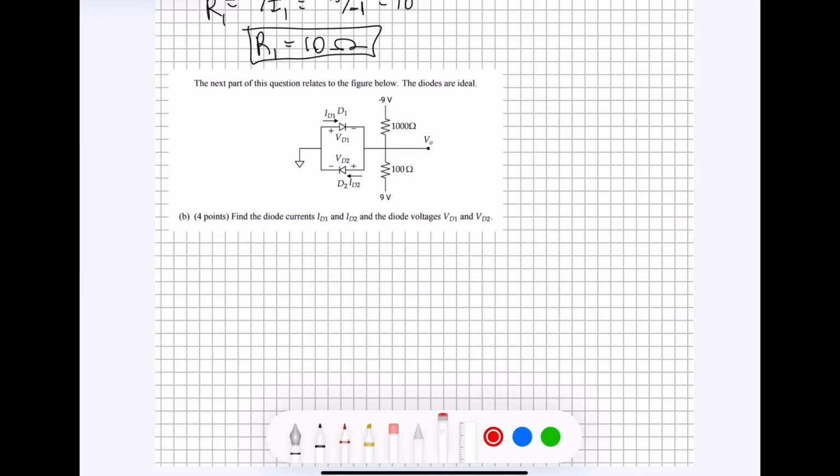In addition to that, as I said earlier, if either of the diodes is turned on, the diode voltage across that diode must be equal to 0. These voltages are also equal to each other but opposite in sign. If one of them is equal to 0, that means that the other one is also equal to 0.